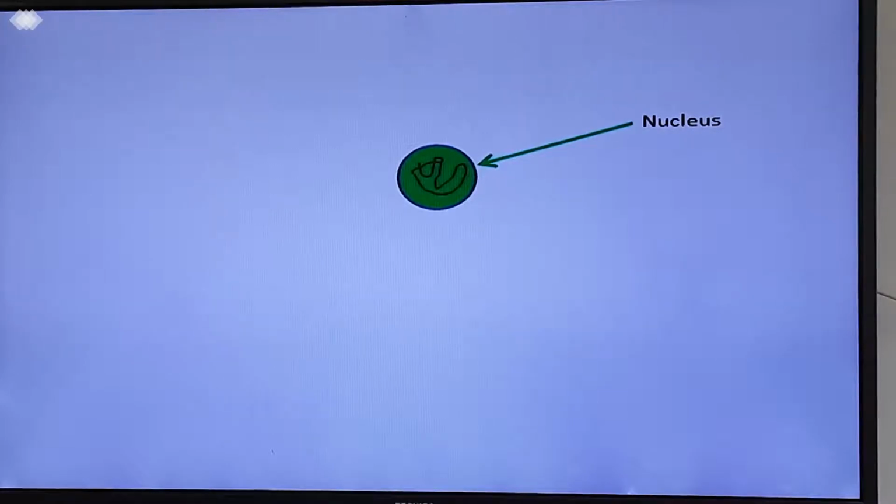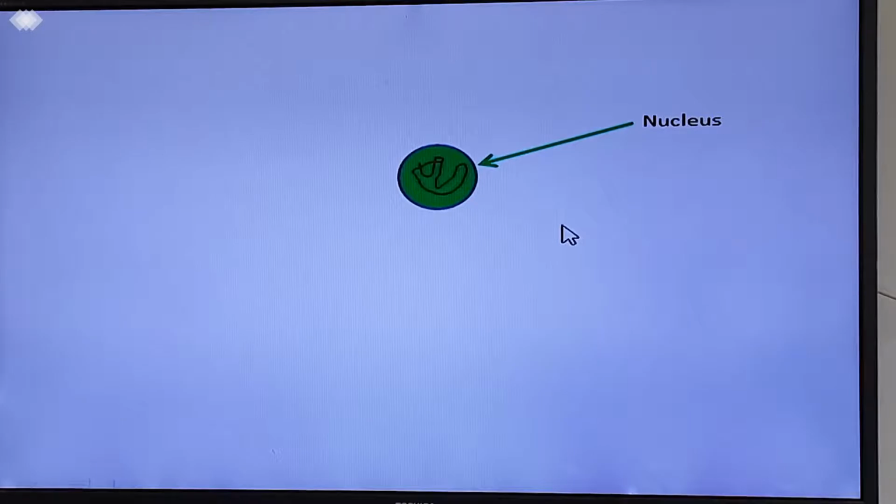These chromosomes are actually half of those of its parent cell. In sexual reproduction, gametes consist of half the set of chromosomes than their parents. For example, in a human being there are 46 chromosomes, but in the ovum there are 23 chromosomes. So these chromosomes are present in this nucleus. These are the chromosomes and this is the nucleus.